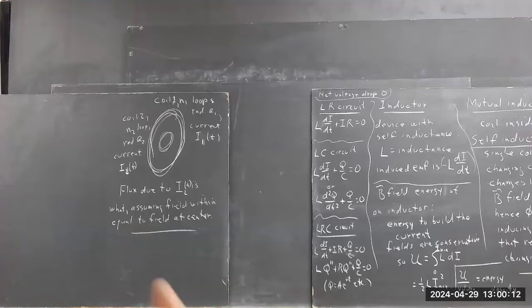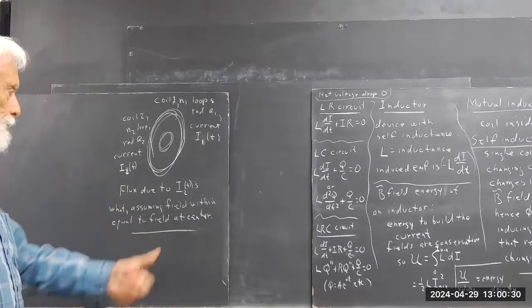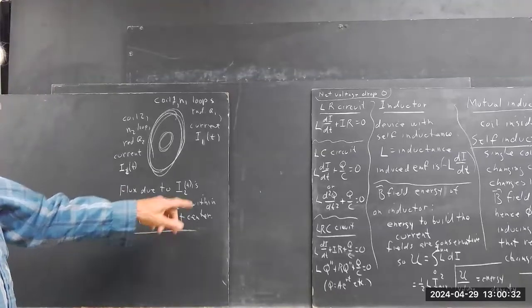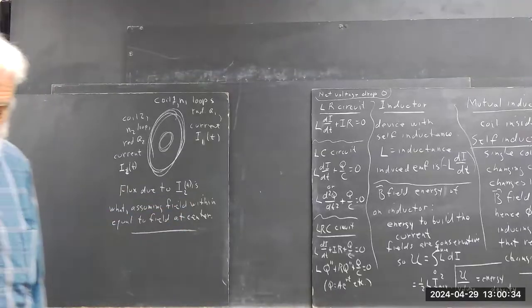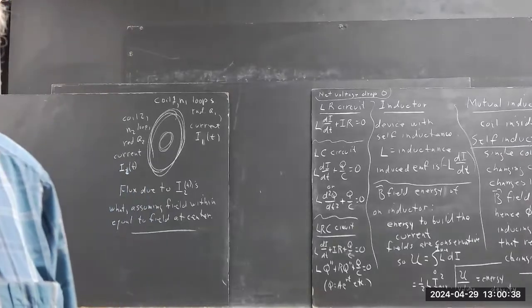If time isn't varying, there's no change in flux, so it's not inducing EMF, but there's certainly a magnetic field, even if I2 is constant. So what's the field due to the current I2?